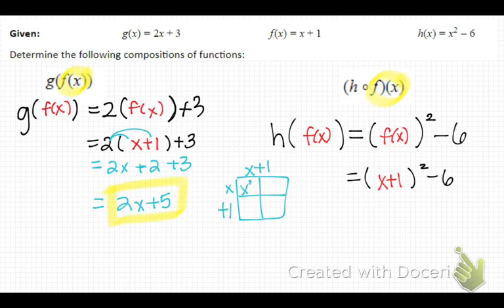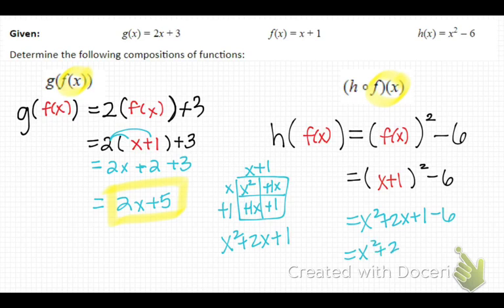So I have x squared plus 1x plus 1x plus 1, which is x squared plus 2x plus 1 minus 6, which is minus 5. And again, that's my final answer because I didn't say factor, I didn't say solve, I didn't say anything else like that. I just said simplify, okay?